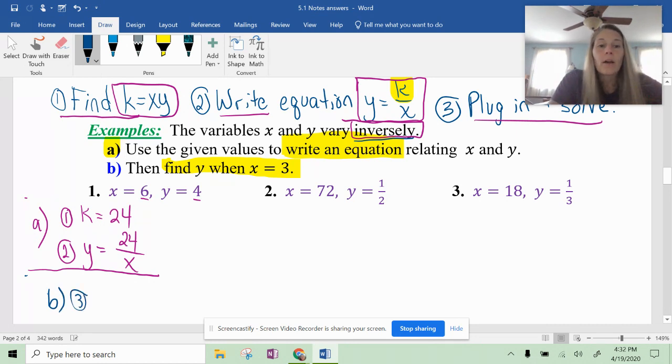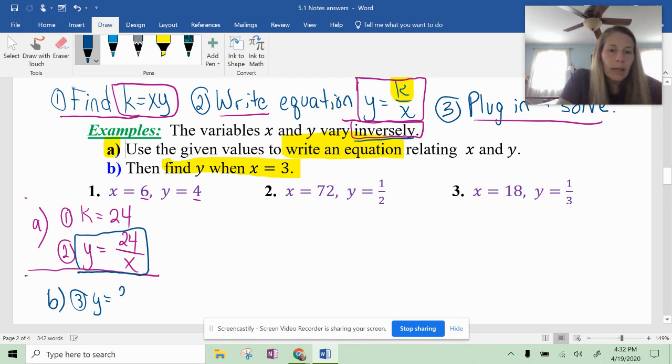It says find y when x equals 3. So you're using the equation that we just got in step 2, and you're going to plug in a 3 for the x. And then, of course, you could solve or simplify that. So you're going to end up with just y equals 8.